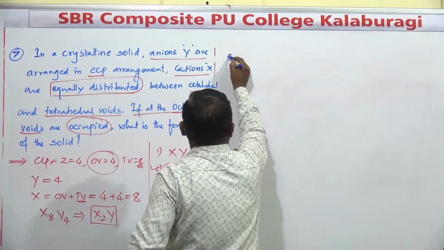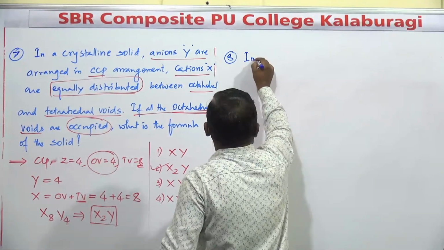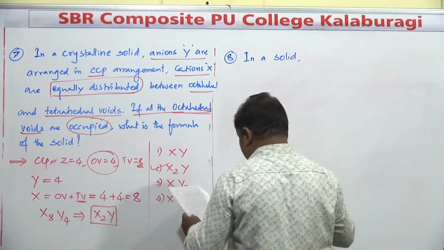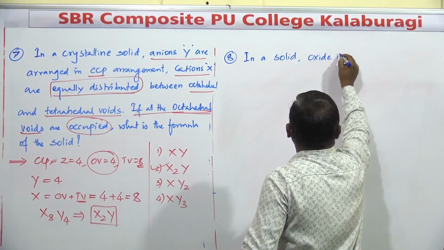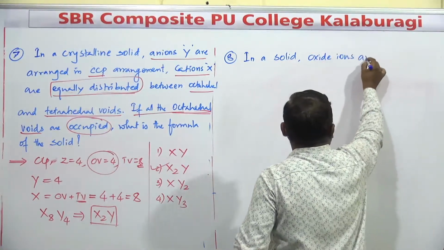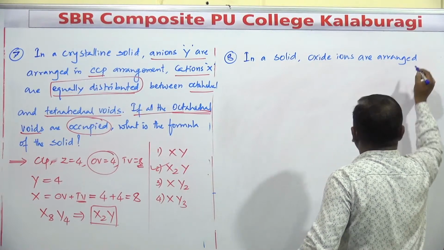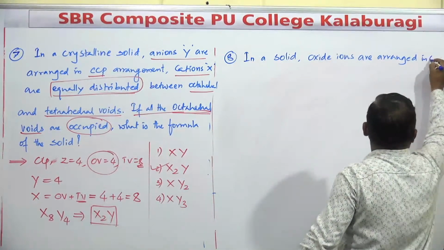Question number 8. In a solid, oxide ions are arranged in CCP.